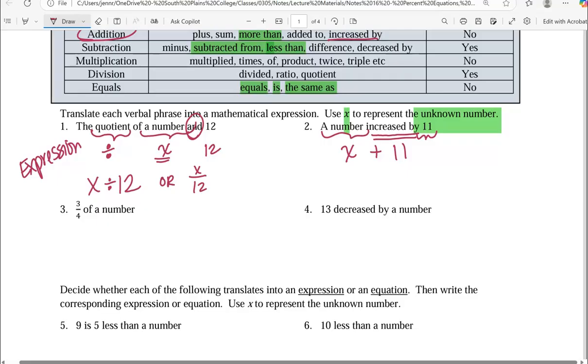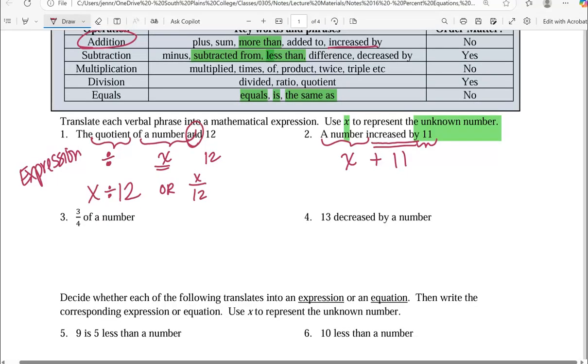Try the next two. Pause and try the next two. The next one says I have 3/4 of. Of is part of my multiplication list. That tells me to multiply. A number is where I put my x placeholder.